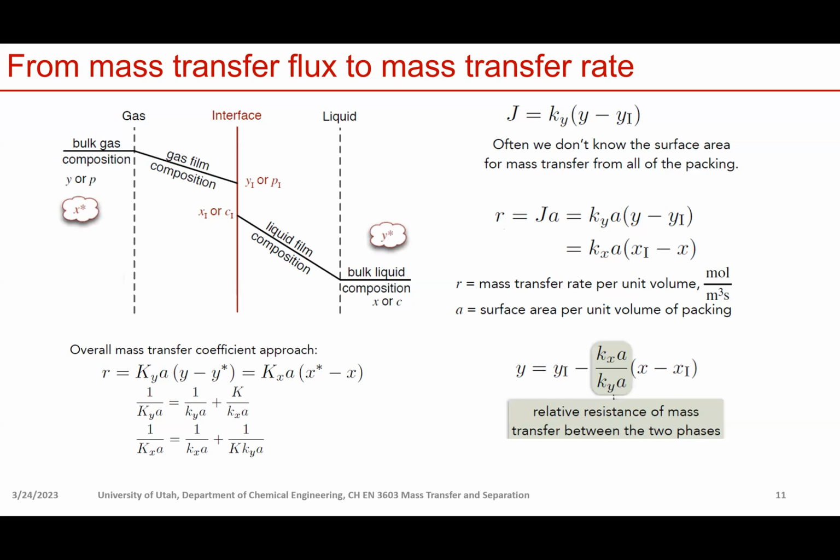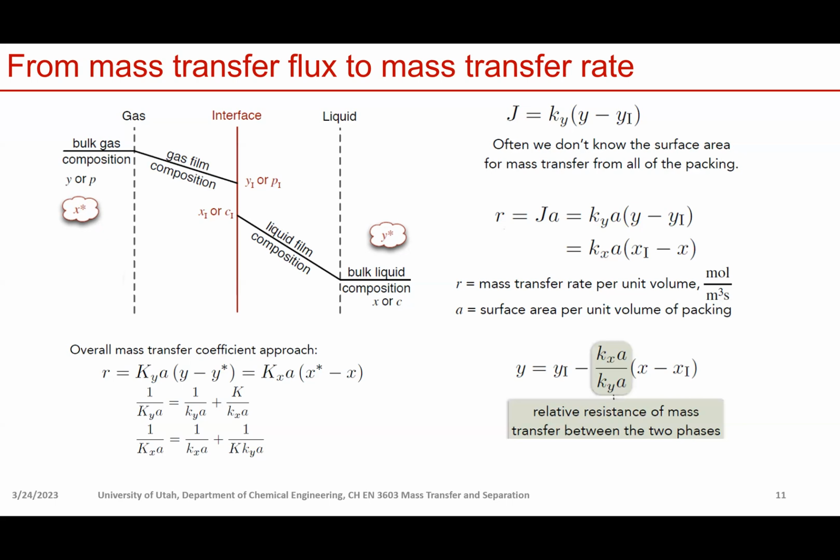Then y* here is basically the fictitious gas phase composition in the liquid phase, right? We are converting the liquid phase composition to a fictitious gas phase composition by applying the equilibrium constraint. Okay. And you can compute the overall mass transfer coefficient with the equation here. Notably here, we use K instead of H, right, as an equilibrium constraint, because here we are using mole fractions in the liquid phase and the gas phase to denote the composition.